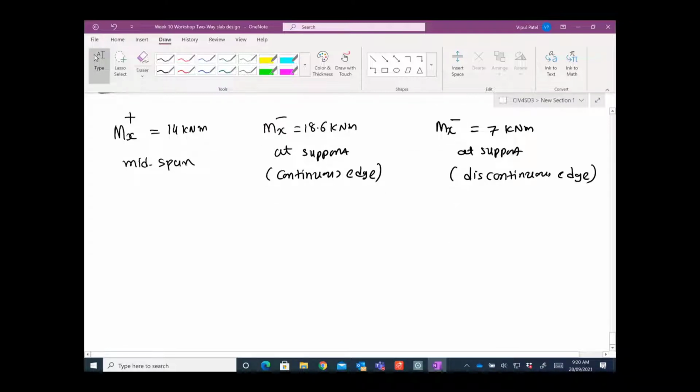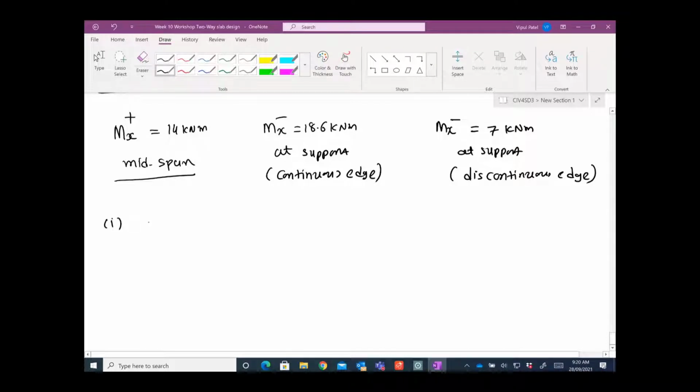Now based on this one, we can easily calculate what we need to do, the reinforcement. I think you follow this example with me. So let's calculate this first one.